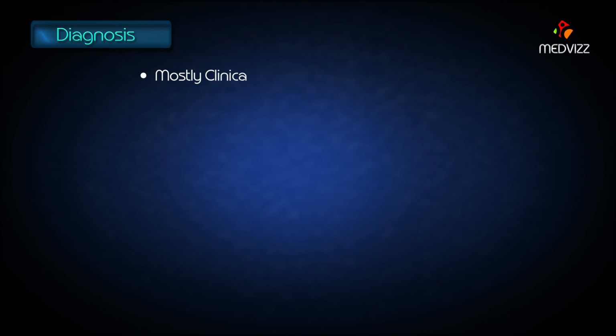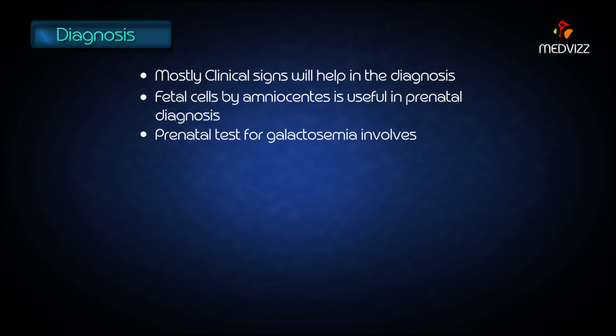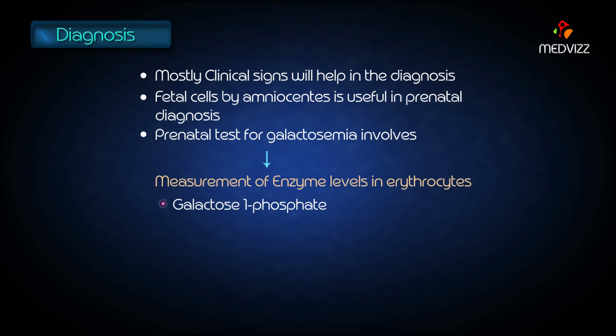Mostly clinical signs will help in the diagnosis, and the collection of fetal cells by amniocentesis may be useful in prenatal diagnosis. The prenatal test for galactosemia involves measurements of both erythrocyte galactose 1-phosphate uridyltransferase activity and the erythrocyte levels of galactose 1-phosphate.